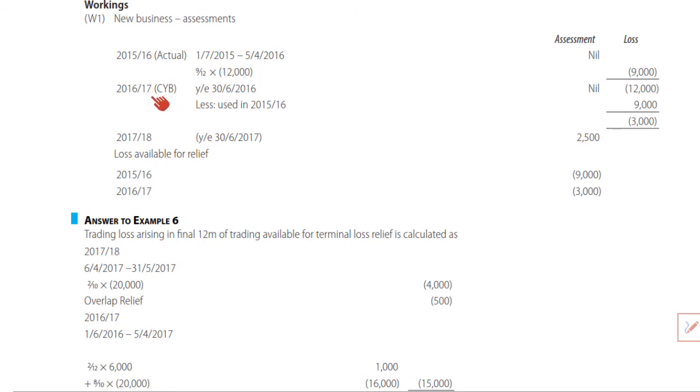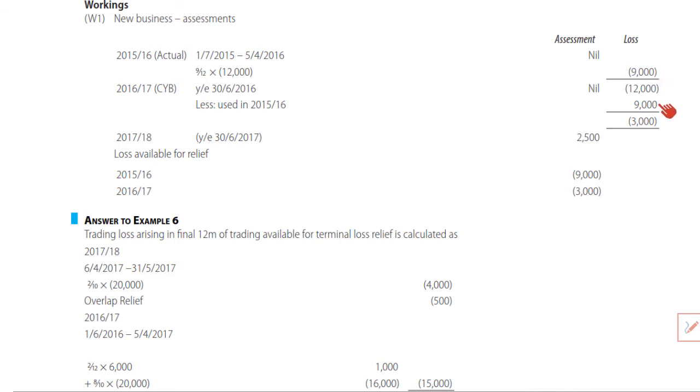On to the second tax year, 16-17, where, as we've agreed, we can and will use CYB. That's the year ended June 16, and that was a loss of £12,000. Well, you can't, of course, have all of that £12,000 loss all over again, having already used £9,000 back in 15-16.